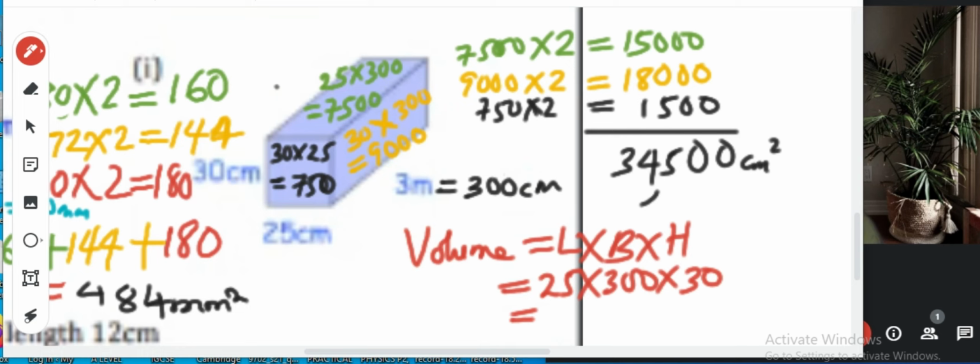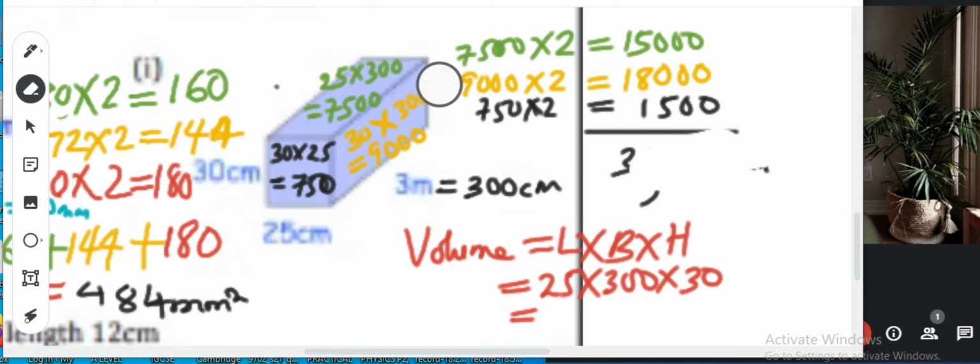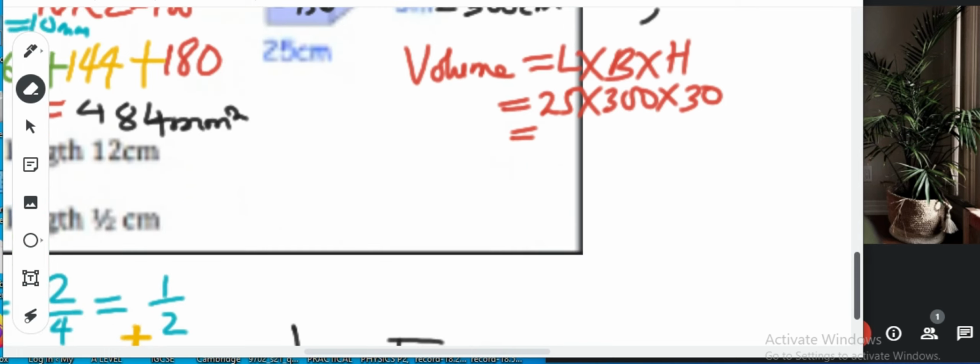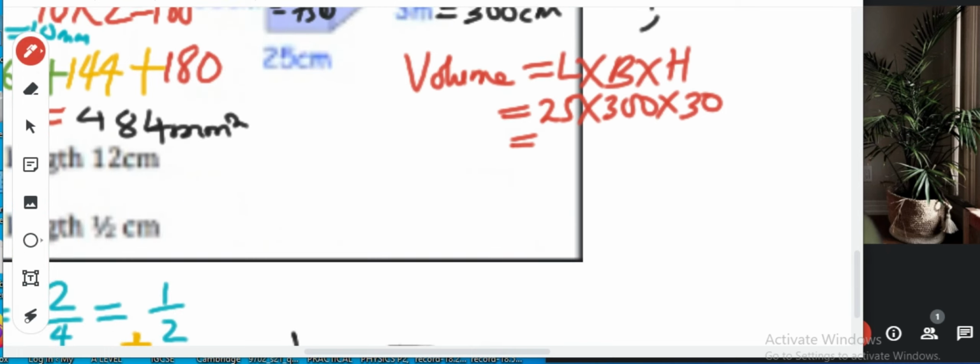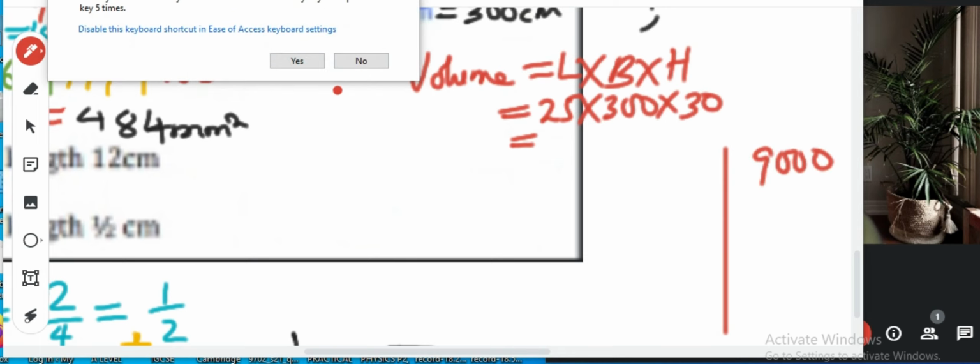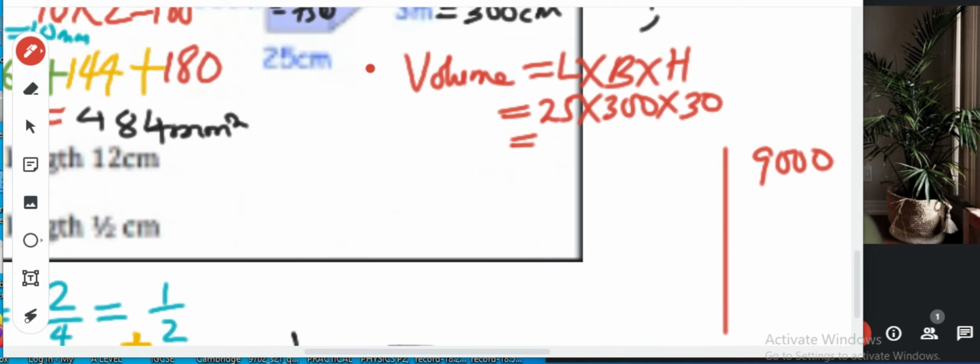That's going to give us, let me do the rough work here. Oh, sorry, this is where I did this one. I shouldn't clean it. So we can do the rough work below here. This should be 9,000, because I will first of all do 30 times 300, which is 9,000 times 25.